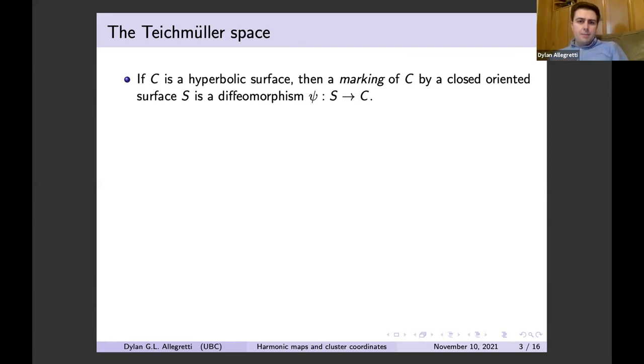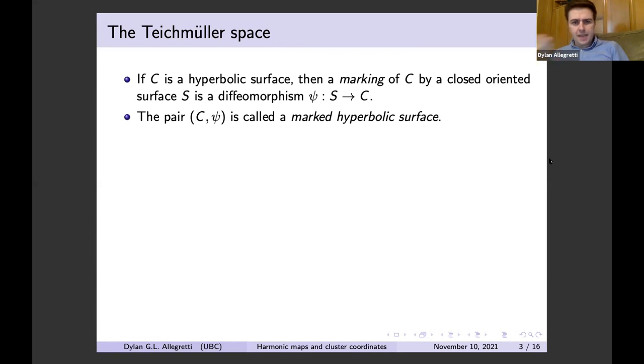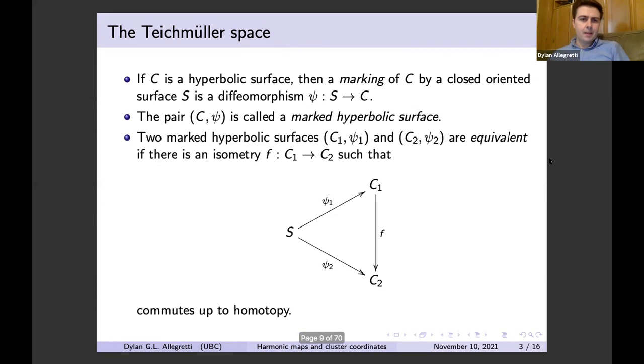Okay, that's a marking, and then the pair consisting of a hyperbolic surface and a marking will be called a marked hyperbolic surface. There is an equivalence relation that we can define on these pairs. Two marked hyperbolic surfaces are called equivalent if there is an isometry between the hyperbolic surfaces that makes this diagram commute up to homotopy. Okay, so that is defining an equivalence relation.